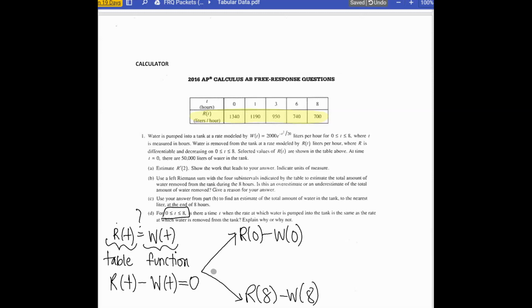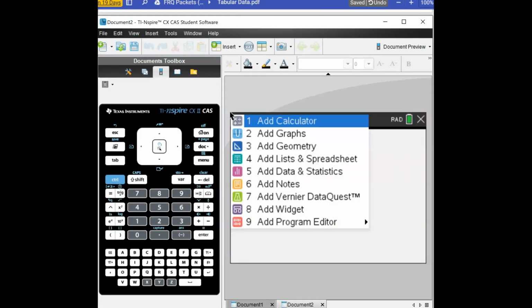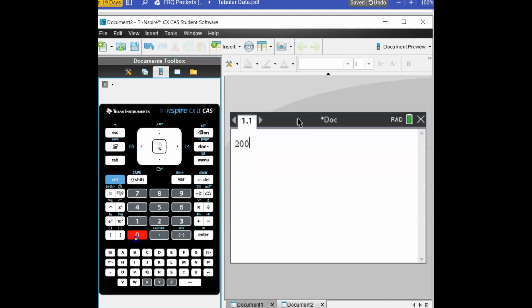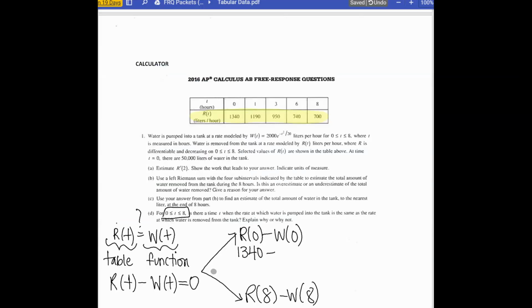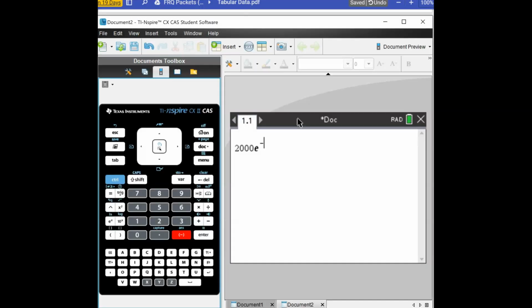Do I still have it in my calculator? R of 0 is 1340 minus W of 0. W is 2000 E to the negative t squared over 20, so t is 0 squared and then divided by 20.